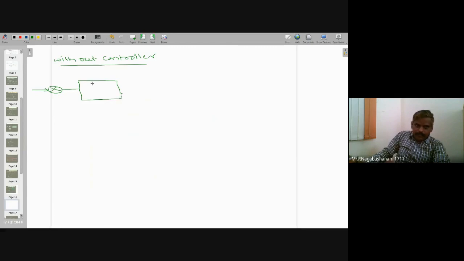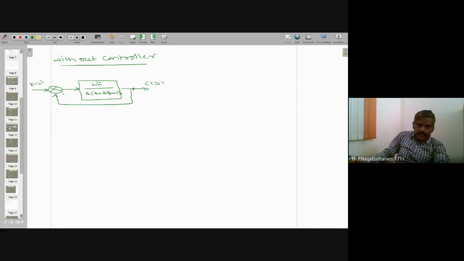Block diagram: omega n square divided by s into (s plus 2 zeta omega n), then the output C of s. This is the input R of s. Assume feedback is negative feedback, unity, H of s equal to 1.